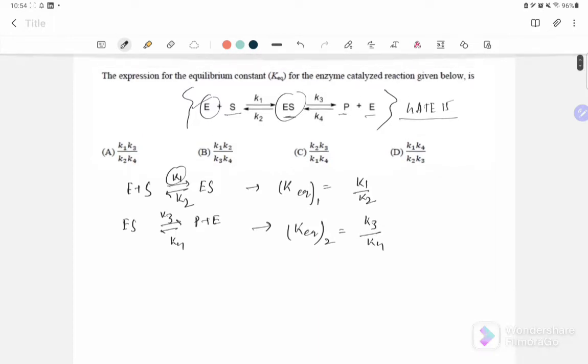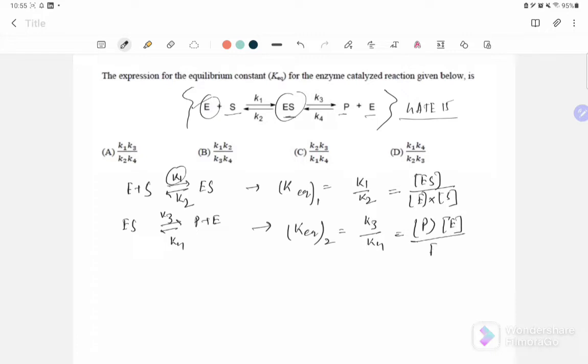Now for the whole reaction equilibrium, K1 by K2, what is K1 by K2? That is E times S by ES, the concentrations. And K3 by K4 will be P times E by ES.